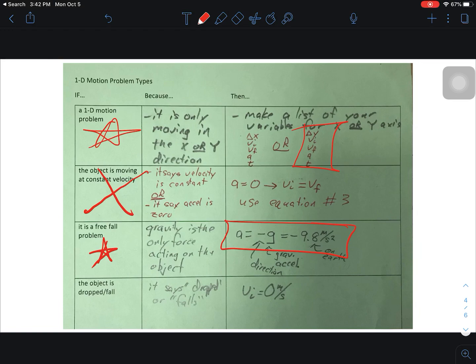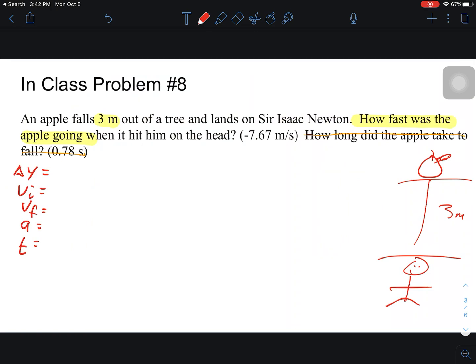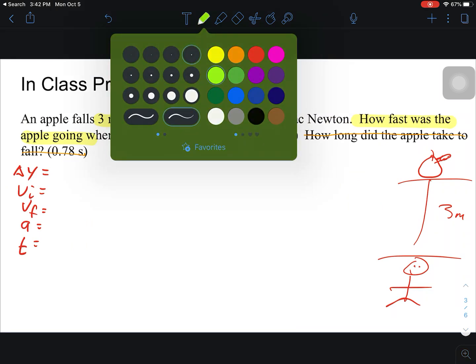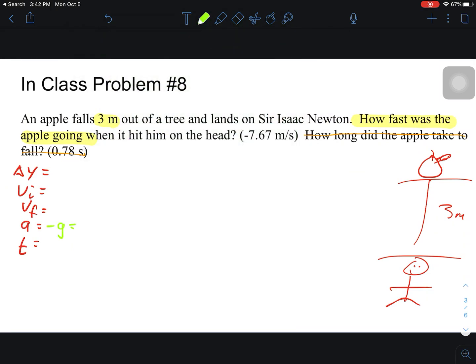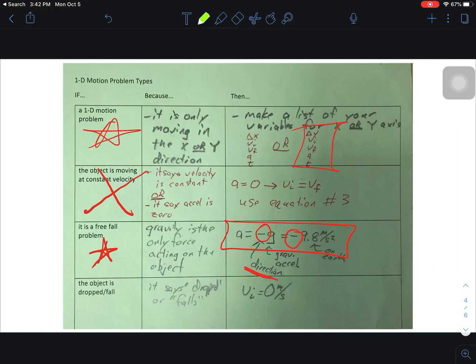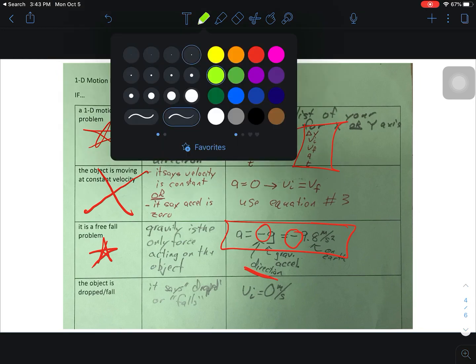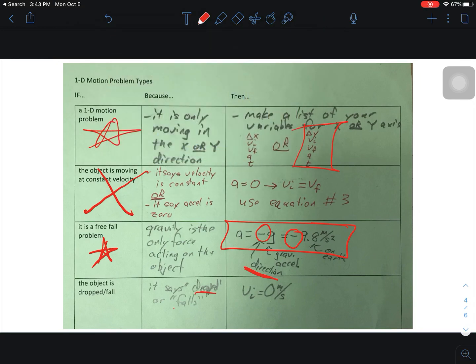It's an acceleration due to gravity, and on Earth, keep in mind the negative tells me the direction. So over here, we can say that my acceleration is negative g, which is equal to negative 9.8 meters per second squared. Okay, and then the last problem, does it say that the object is dropped or falls?